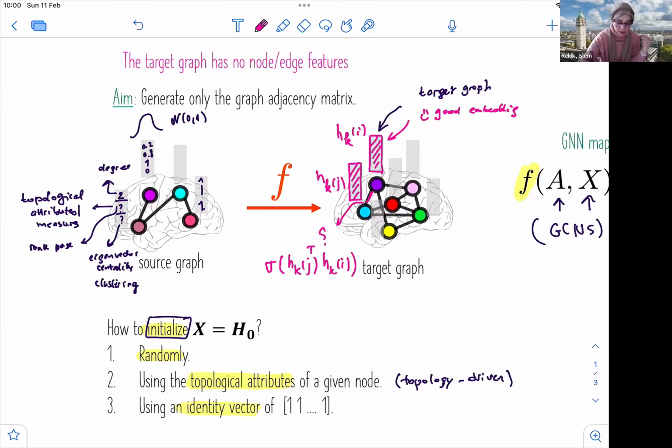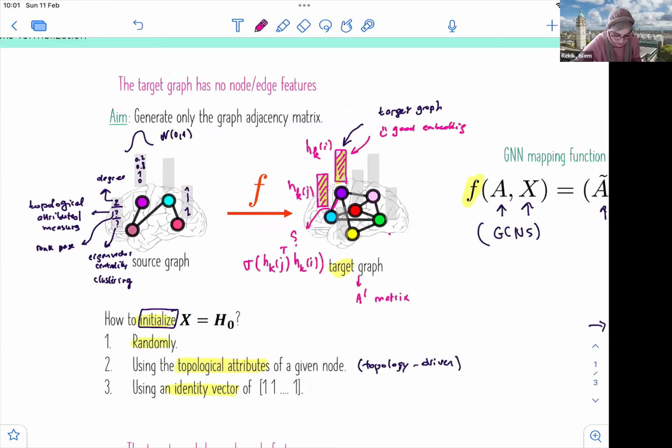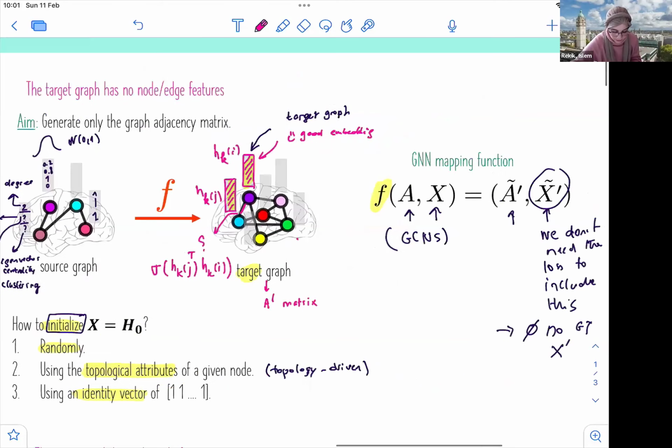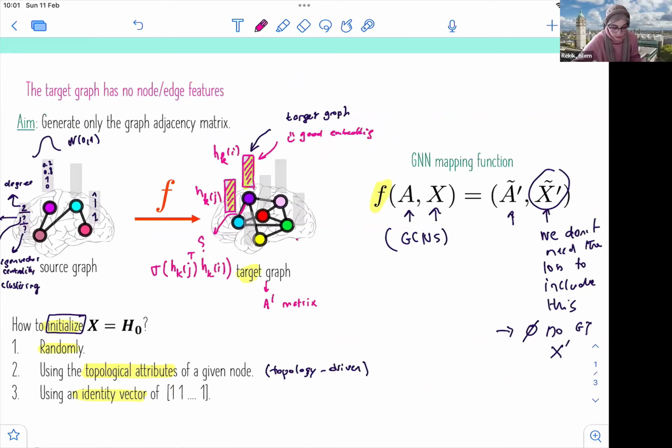But the key idea is to leverage the embeddings that we're learning through the GCN in the target domain, the target graph, and to derive the connections, to derive the A matrix, so the A prime matrix that we want to predict. All right, cool. So this is why it's important to learn these embeddings. However, we're not evaluating the features, or reconstructing any original features in the target domain, because we don't have them actually.